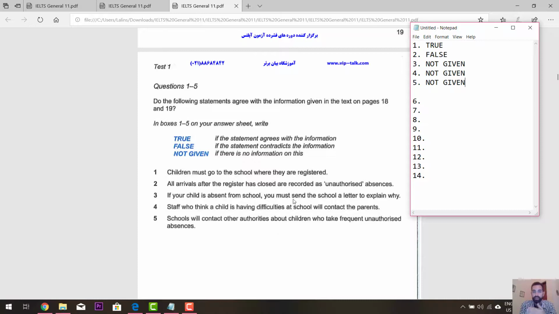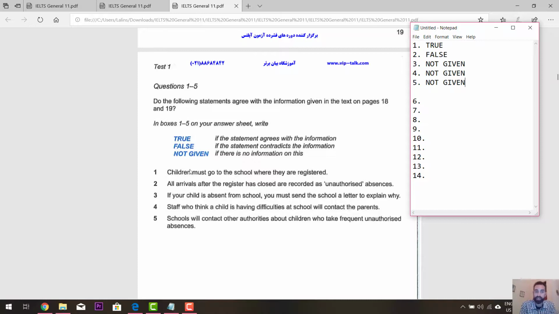If you can't find anything in the text about a question, it's most likely not given. If you find something that looks like it, but it looks a little off, that means it's probably false, such as with 2, where the statement says all arrivals, and the text says some late arrivals are okay if you have a reason.